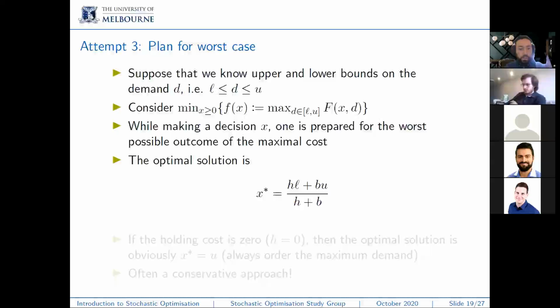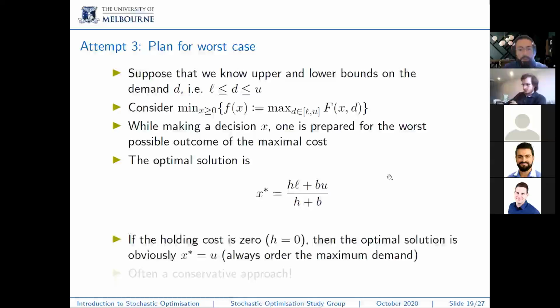You can show, and I'd show the proof if there's time, but I don't think there's time, so I'm going to avoid the proof, that the optimal solution is this one. It depends on the holding cost h, the upper and lower bounds L and U, and also the reordering cost b.